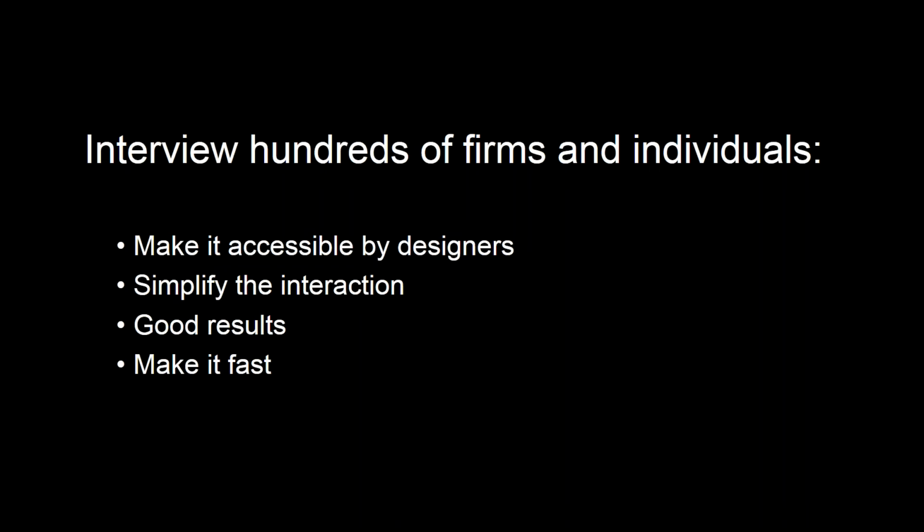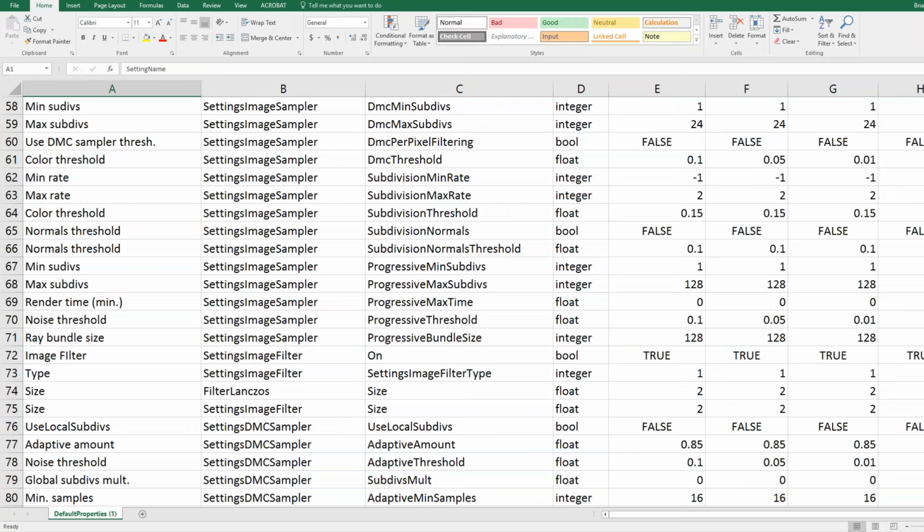For those of you who've been working with V-Ray for many years, you've developed settings that balance speed and quality. And just to illustrate this point a little further, what I'd like to show you is a spreadsheet, and this spreadsheet is hundreds and hundreds of lines, but these are V-Ray settings.